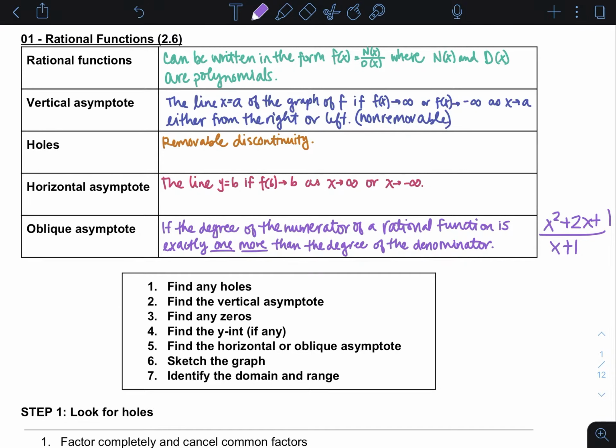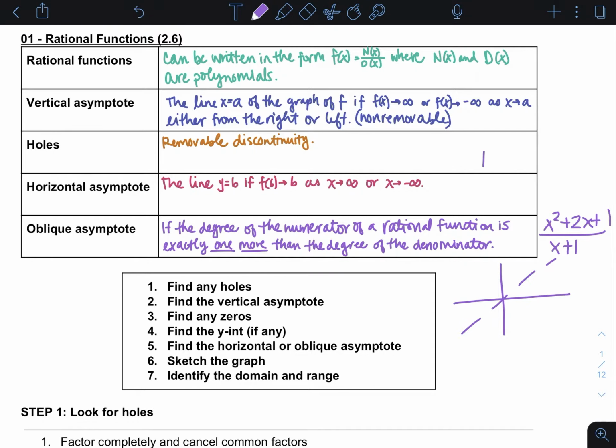The numerator has exactly one more degree because the bottom is first degree, so that would mean we have an oblique asymptote in this case. An oblique asymptote is sometimes called a slanted asymptote. It would look something like that, which we'll see in a little bit.